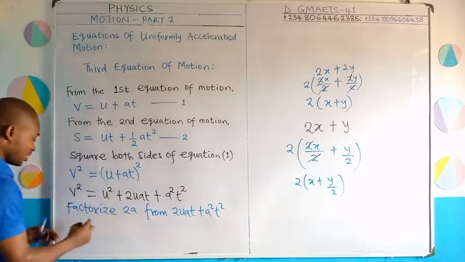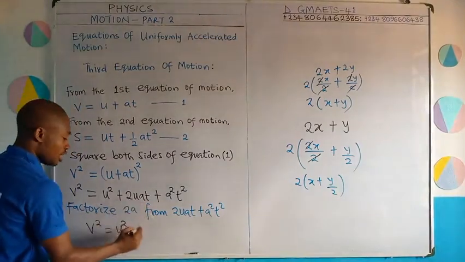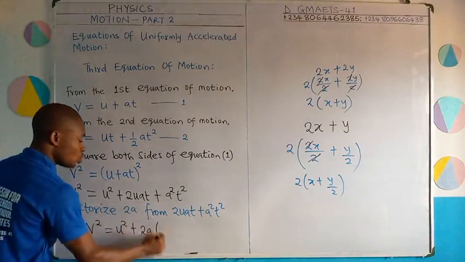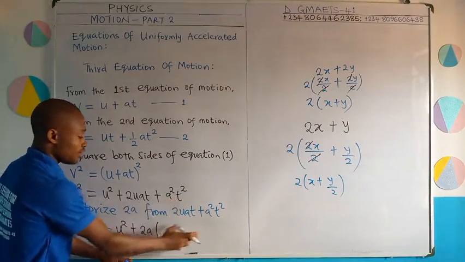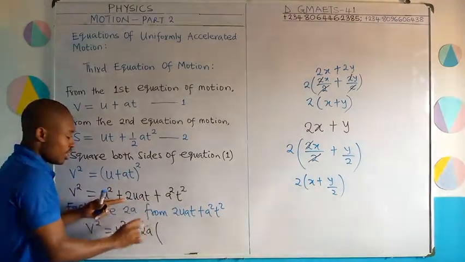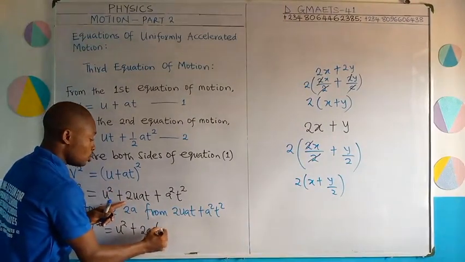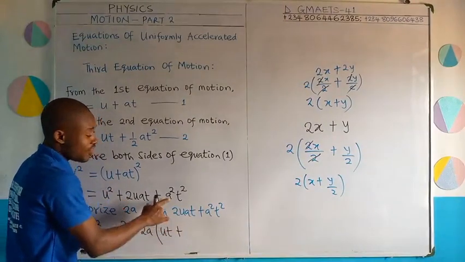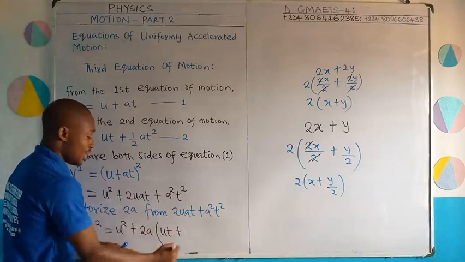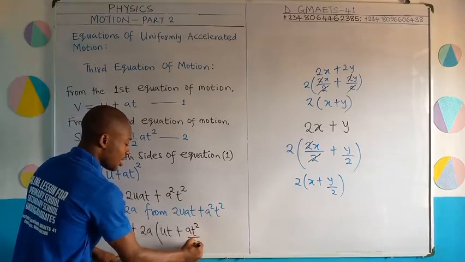Alright, let us do it here and see. This will give us v squared equal to u squared. Then coming to this, plus I have factorized 2a out. What will now be in the bracket? The 2a, I will use it to divide 2uat. If you divide 2uat by 2a, you are going to get ut. And then plus, divide a squared t squared by 2a, you are going to get a t squared divided by 2.